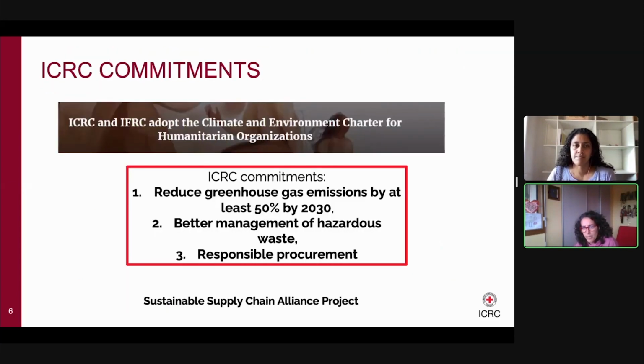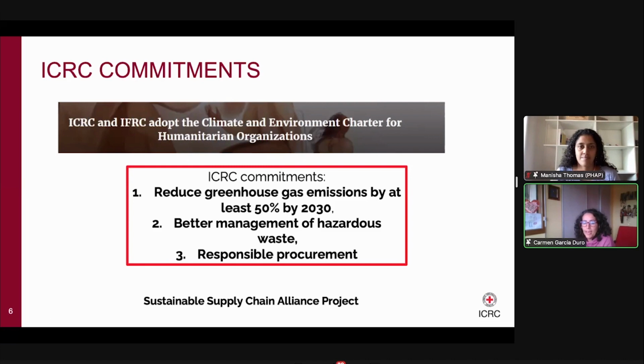ICRC commitments. For example, I'm sure many of you have heard about the Climate and Environmental Charter for the humanitarian organizations. And I know many organizations have already signed it. I want to mention that for ICRC, this has been translated, I mean, it was before the charter, but it has been translated into clear commitments. One of those is to reduce the greenhouse emissions by at least 50% by 2030.